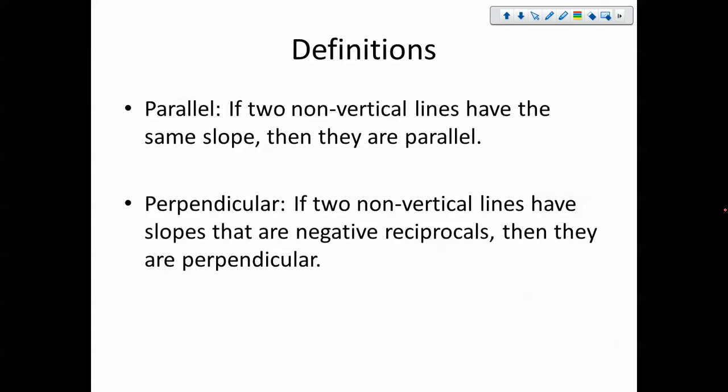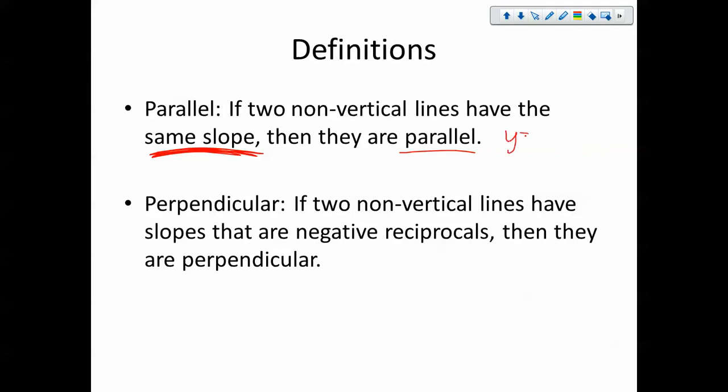So first of all, some definitions. If two non-vertical lines have the same slope, then they are parallel, right? So there's the key. Same slope, parallel.